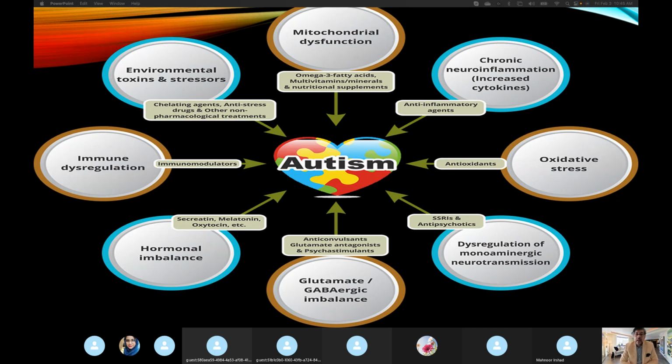Then some people say that there is disturbance of oxidative stress and antioxidants can help these people. Then dysregulation of monoaminergic neurotransmission, SSRIs can help it. People who are presenting more of obsessional, anxiety-type symptoms, SSRIs may help.